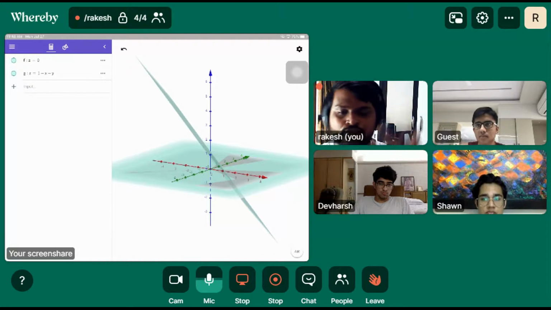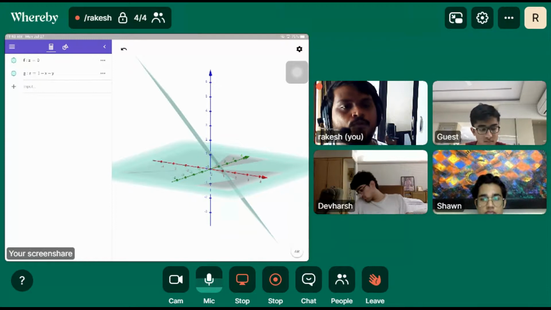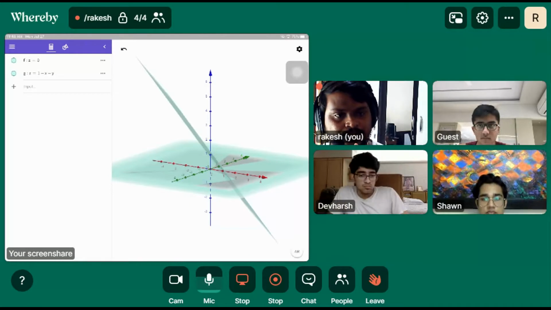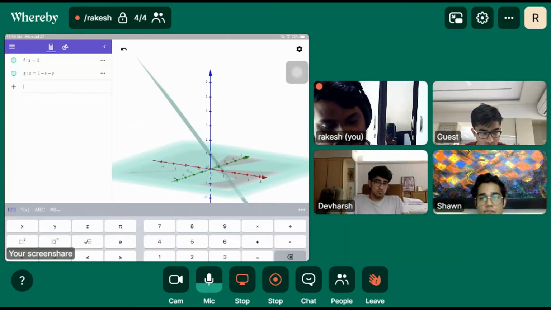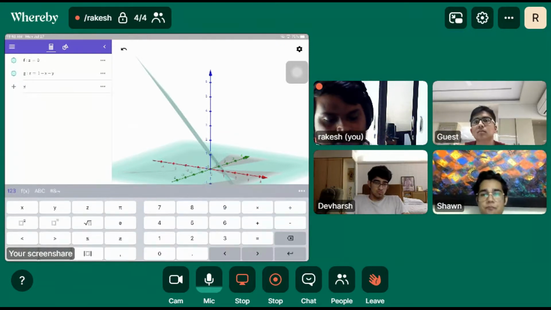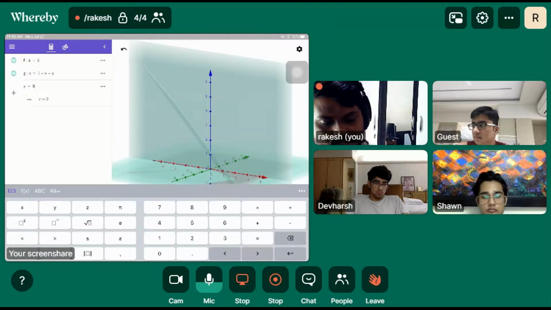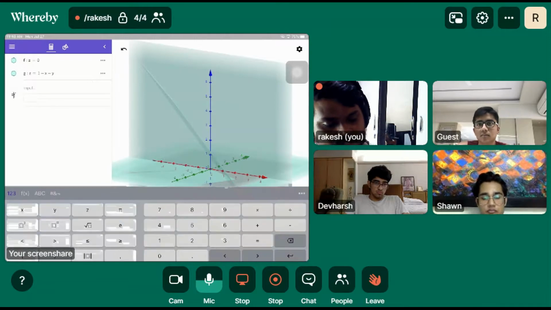Are you getting what z is equal to 0 is? The xy plane. What is y is equal to 0? The xz plane. What is x is equal to 0? The yz plane. Are you getting that? If I put y is equal to 0, that will give you one plane. If I put x is equal to 0, that will give you another plane.